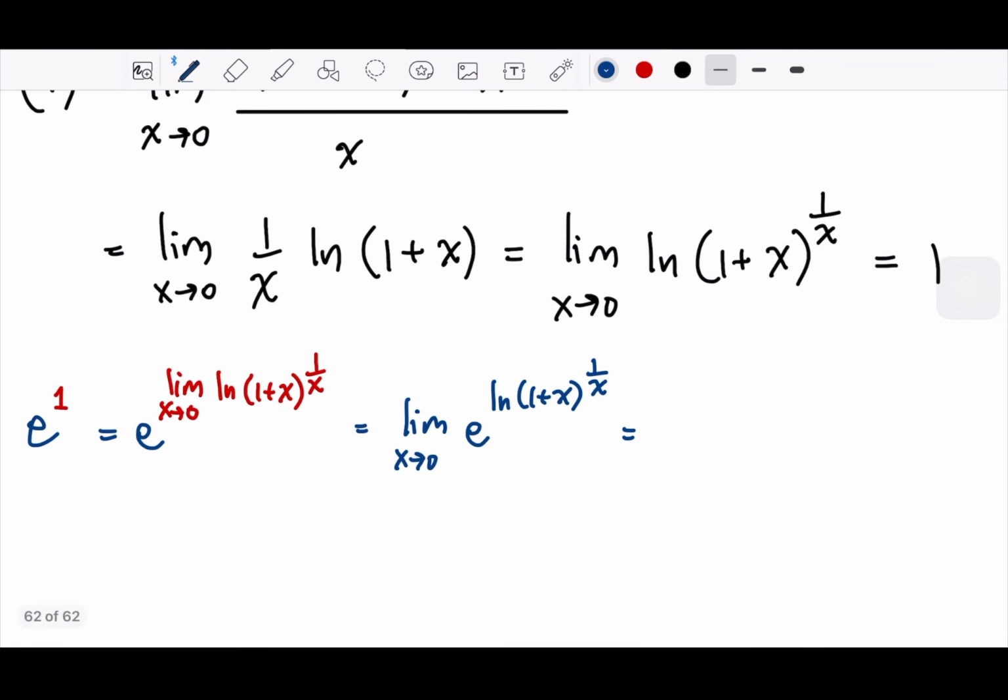So we could write this as (1 plus x) to the power 1 over x. Basically, what we did here is take the e and make this ln a power. So this will be e, and e to the ln cancels, so this will be equal to e.